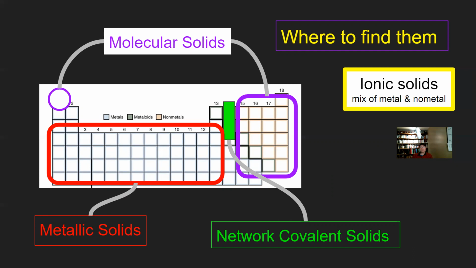The network covalent solids are carbon, silicon, and silicon dioxide, which generally are going to form the strongest or hardest types of solids. They are brittle, and they do have the highest melting points in general. And then ionic solids, mixtures of metals and non-metals.